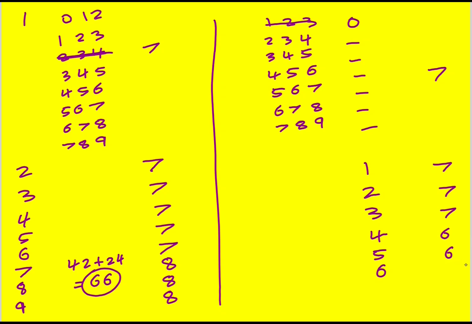With 6, not 3, 4, 5. 7, similar. 8, similar. And 9, have to avoid 6, 7, 8. And that's it. So I've got 6 times 6, 36, plus 4 times 7, 28, and that gives me 64. And again, if I add these two together, I get 130.